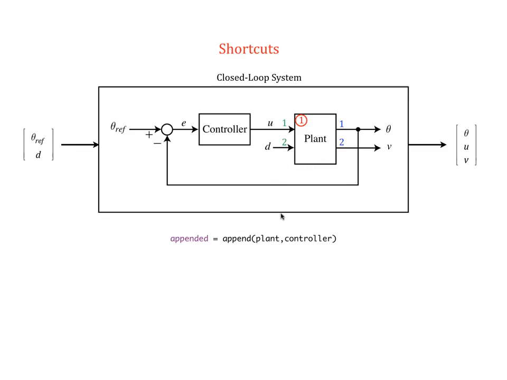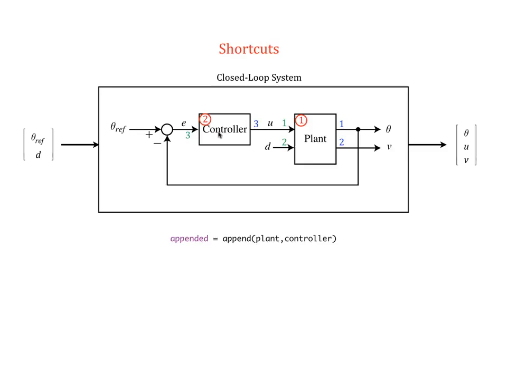The second system in my appended system is the controller, and so I'll label that with a 2 in its upper left-hand corner, and simultaneously label its input. Well, it's going to be the third input to the appended system, because this guy already gave rise to 2 inputs, and the third output of the appended system is going to be this guy, because this is the second system in the appended system.